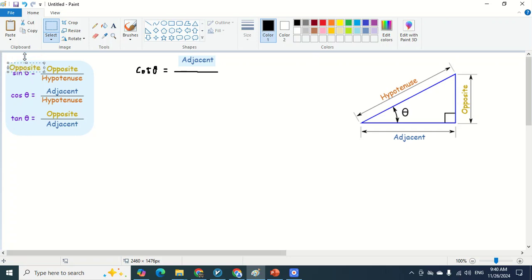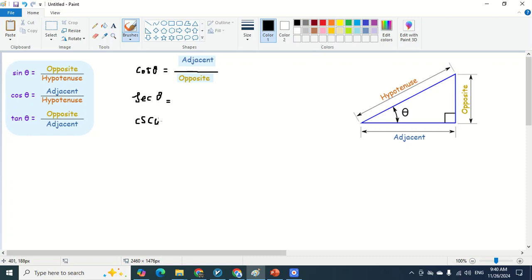We also have the secant of theta and the cosecant of theta. We denote the secant of theta by SEC, and the cosecant of theta we write as CSC of theta.